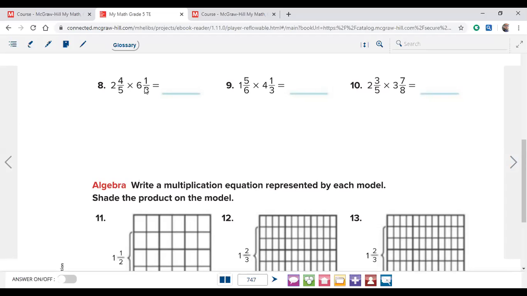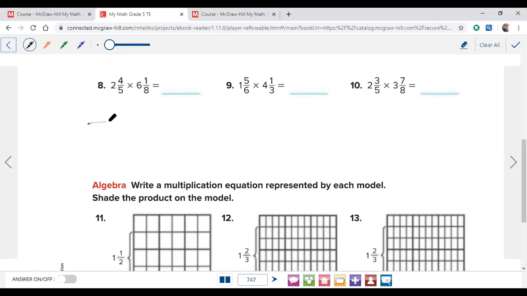First step, we have to write what? Yes, write all of the mixed numbers as improper fractions. We have to start to rewrite all mixed numbers as improper fractions. First one, we write what?